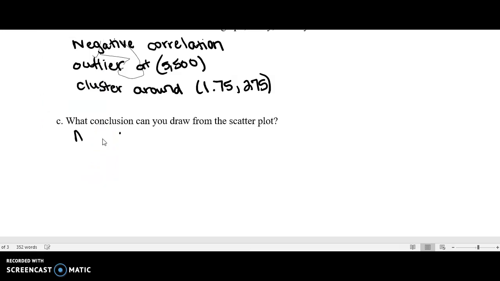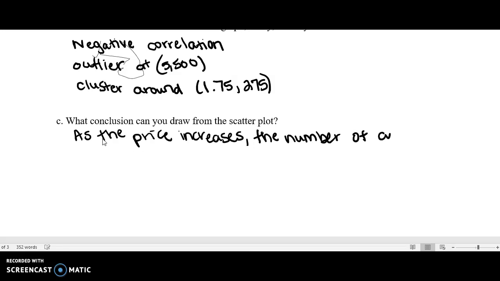So, as the price increases, the number of cups sold decreases.